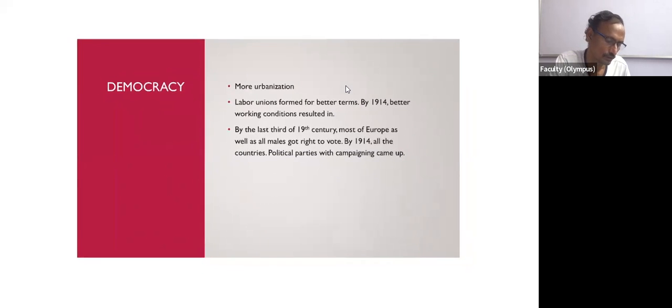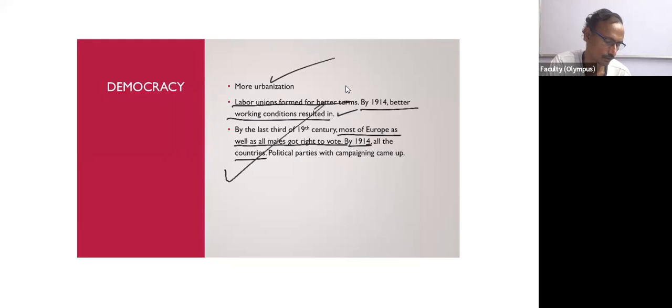Okay. So all these things meant more urbanization, labor unions formed for better terms, and by 1914, better working conditions resulted. So by the last third of the 19th century, most of Europe as well as all males got the right to vote. By 1914, in all the countries, males got the right to vote.